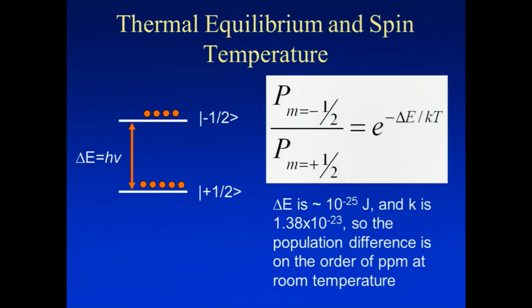This is the slide that is the root cause of everybody making fun of magnetic resonance, and it tells you why our sensitivity is so bad. In a standard spin-a-half system, the energy between the transition that you're trying to measure is exceedingly small.